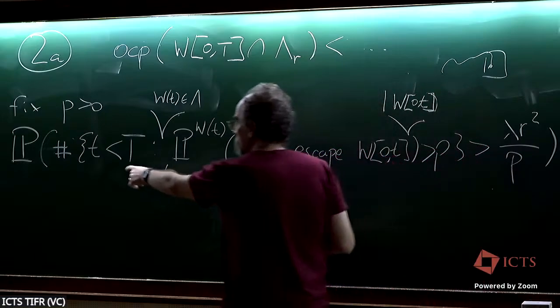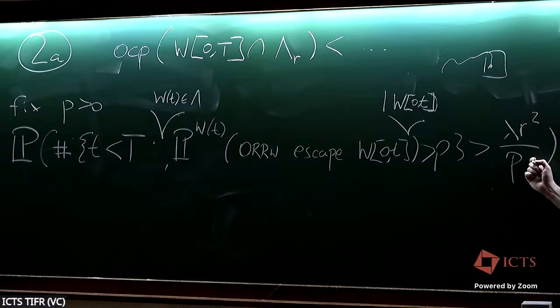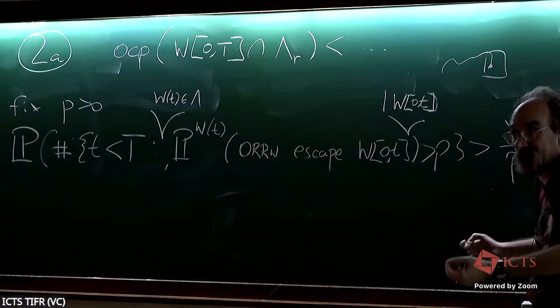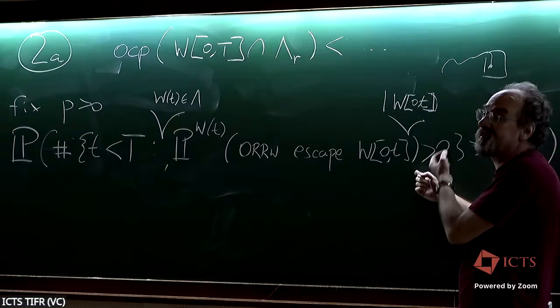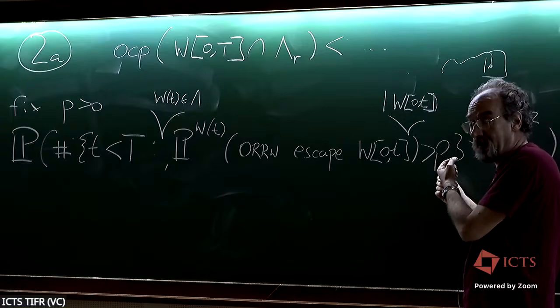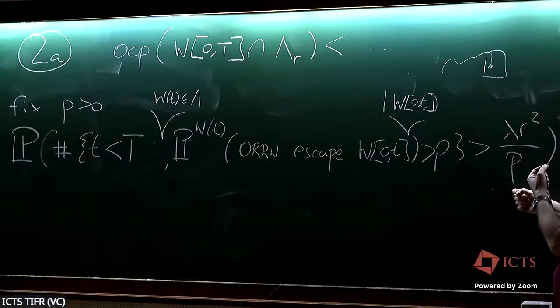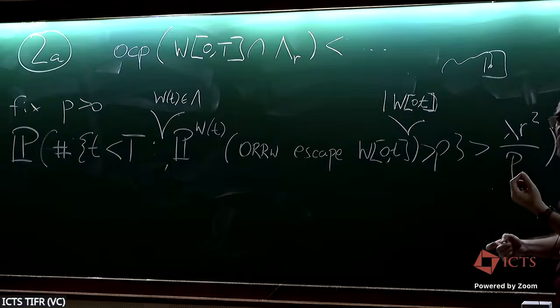And now I'm saying, suppose there were too many such things. That's not possible. Why? Because if the past is such that the probability to escape it is P, and you try it lambda over P times, then you would escape with probability 1 minus e to the minus lambda.